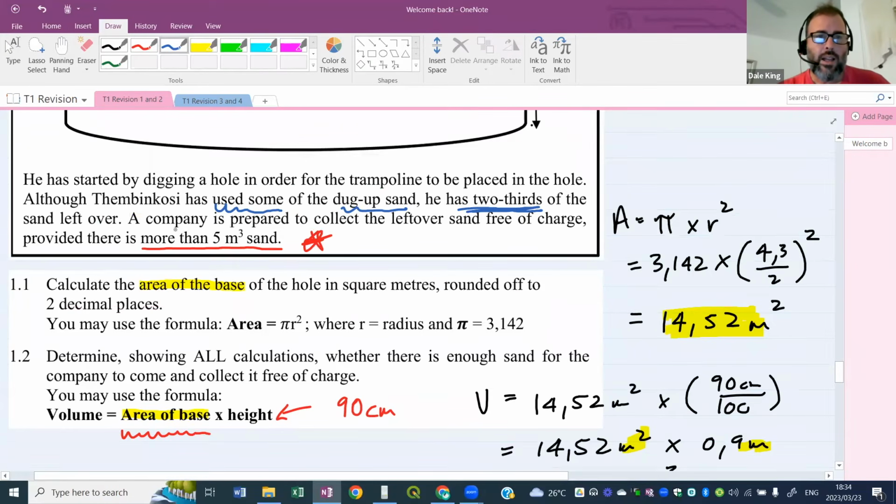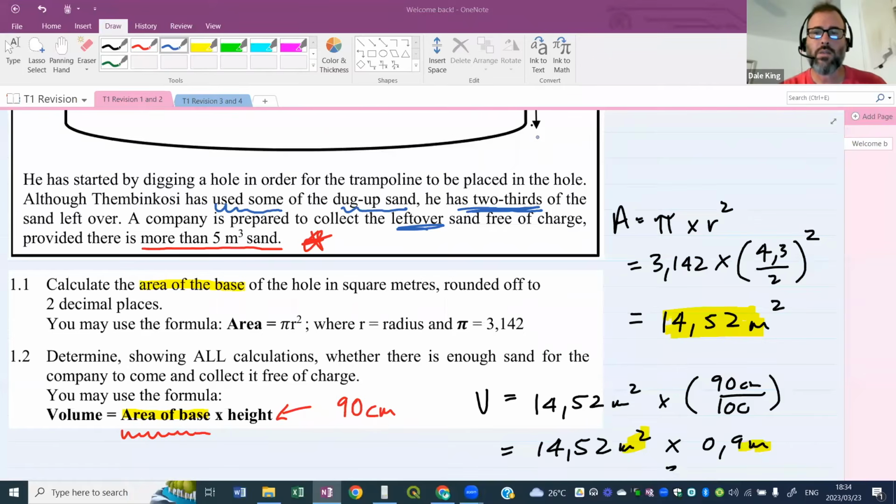Okay. A company is prepared to collect the leftover sand, which is the 2/3. So that's what we're checking here. Okay. So I think most of you probably worked out the whole volume, but we're only checking 2/3 of that volume. Okay.